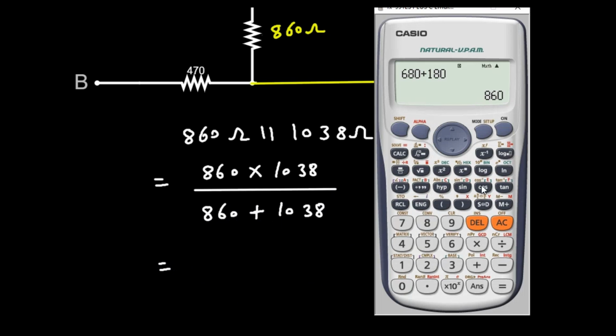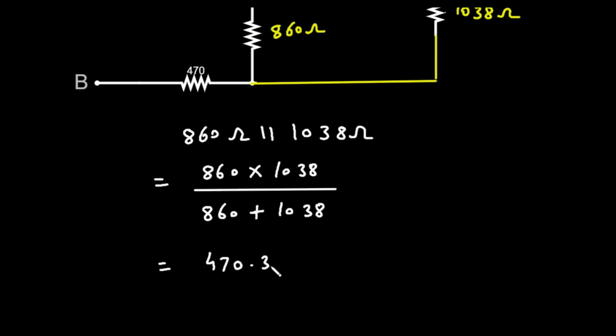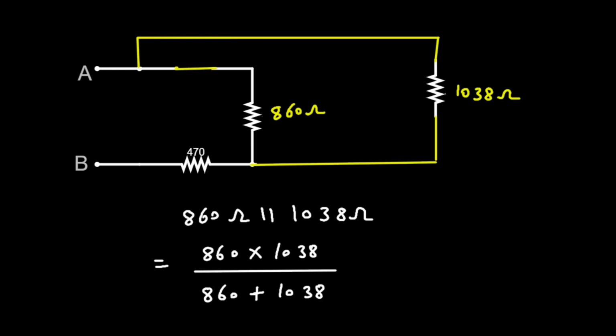So now if we solve this, it will be 860 multiplied with 1038 divided by 860 plus 1038. So it is equal to 470.32 ohm. So again we can redraw this circuit.